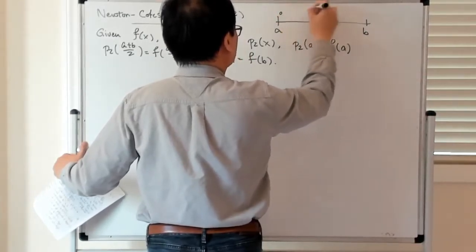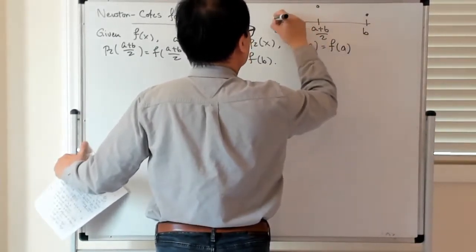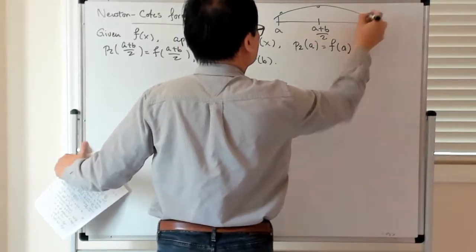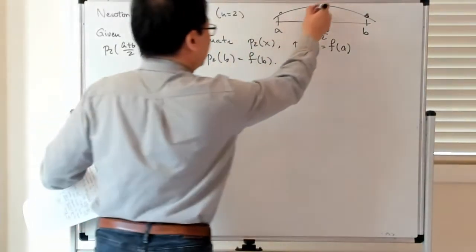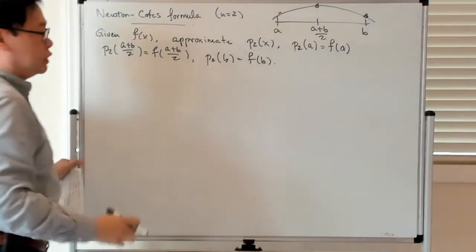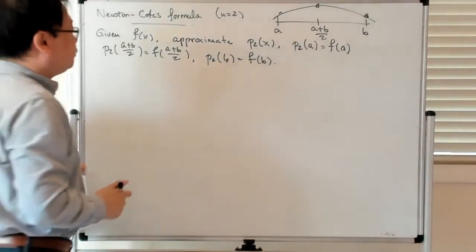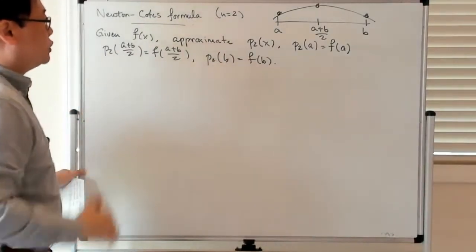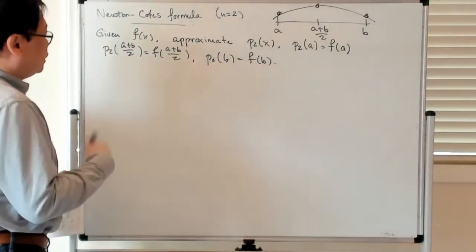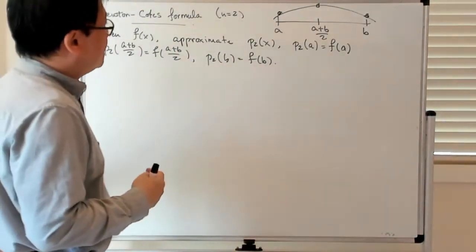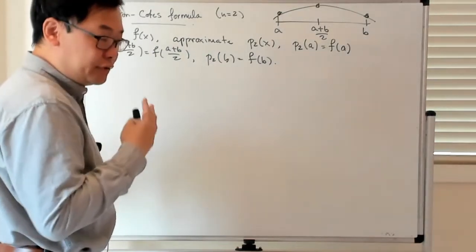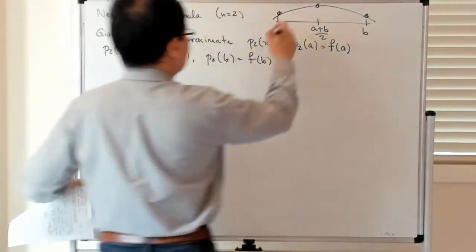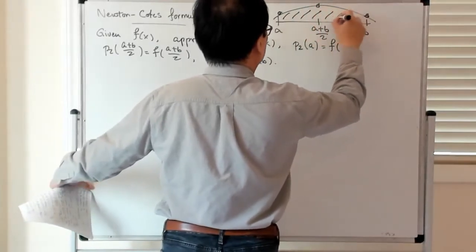You have some function values, and you look at an interpolating polynomial which goes through those points, of quadratic degree, basically degree 2. Then you're going to approximate the integral of f of x over the interval from a to b by the exact integral of this interpolating polynomial.